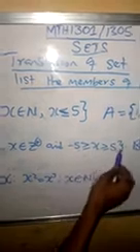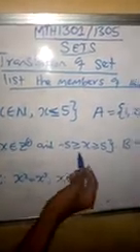Then another one, let's talk about set B. Set B says x such that x is an element of positive integer and minus 5 is less than or equal to x, x is less than or equal to 5. Whenever you see these two symbols coming together, it simply means from minus 5 to plus 5.